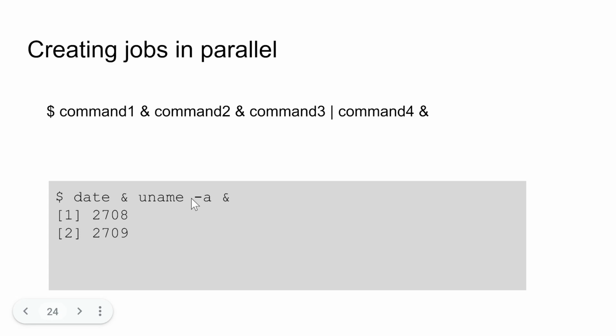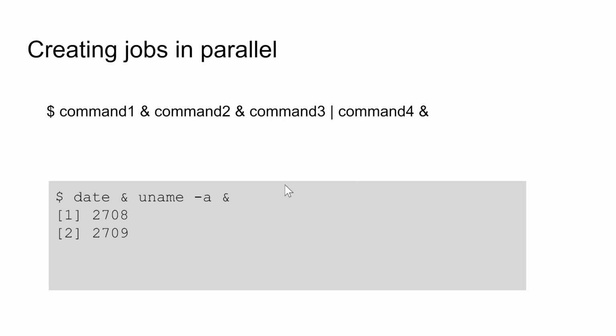You can create jobs in parallel. That's all very interesting. Simply chain together the ampersands, right? Command 1, command 2, command 3, and you can create them in parallel. You can use the pipe command, the or in this case, to create an additional job.